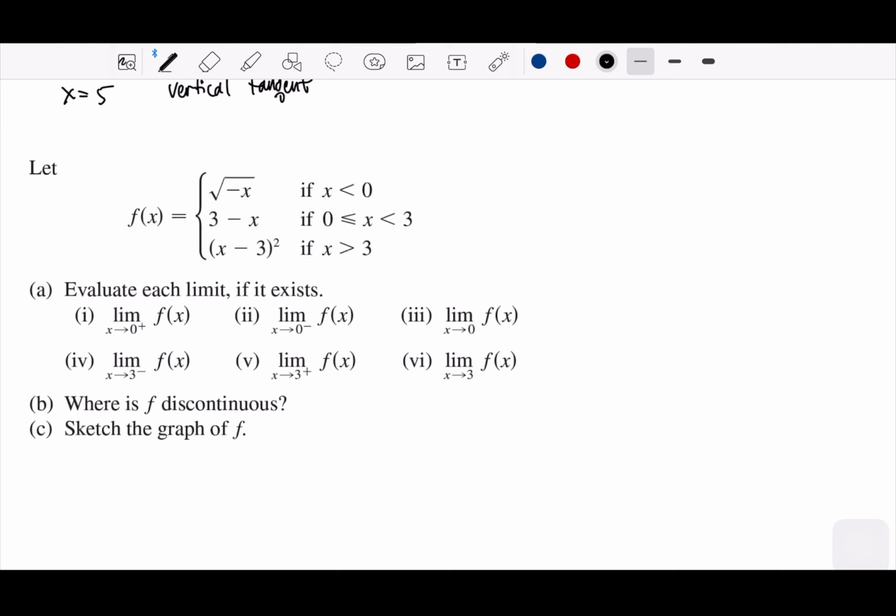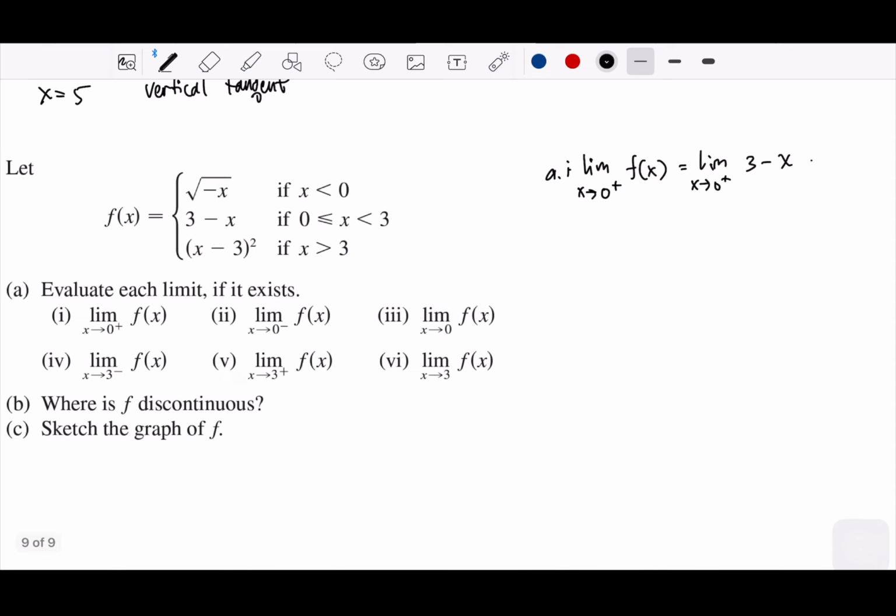So first, we are going to evaluate the limit as x approaches 0 from the right. From the right of 0, we look at 3 minus x.